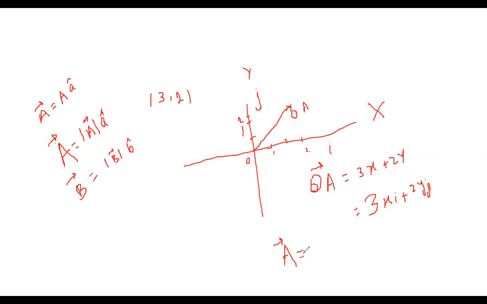A vector in two dimensions consists of xi plus yj.